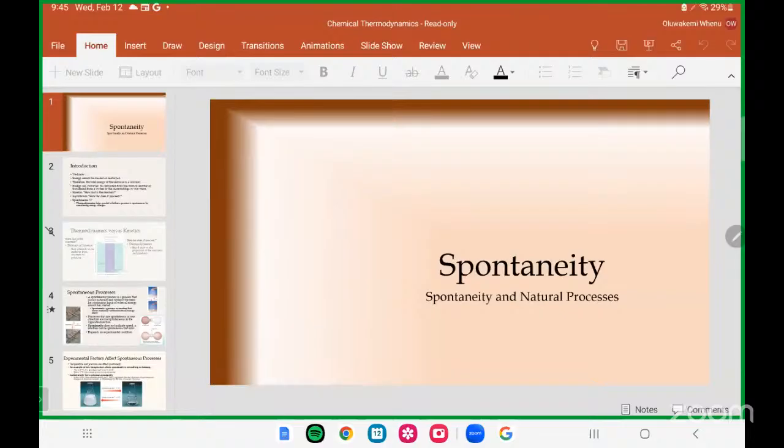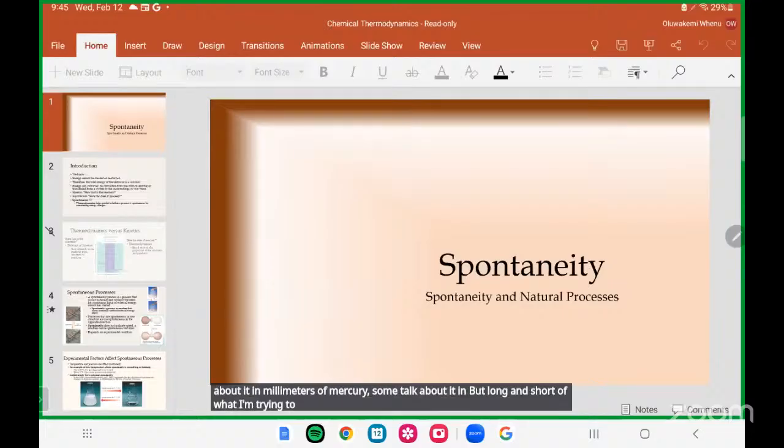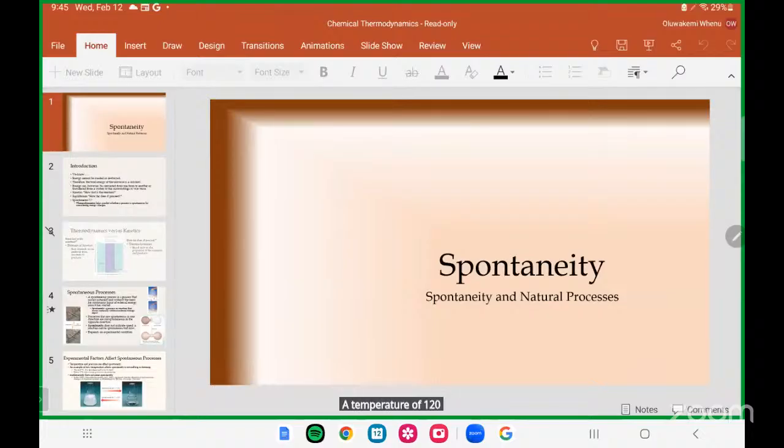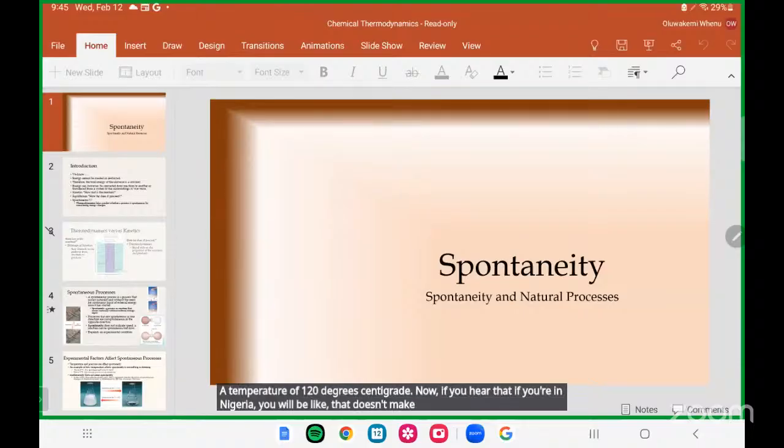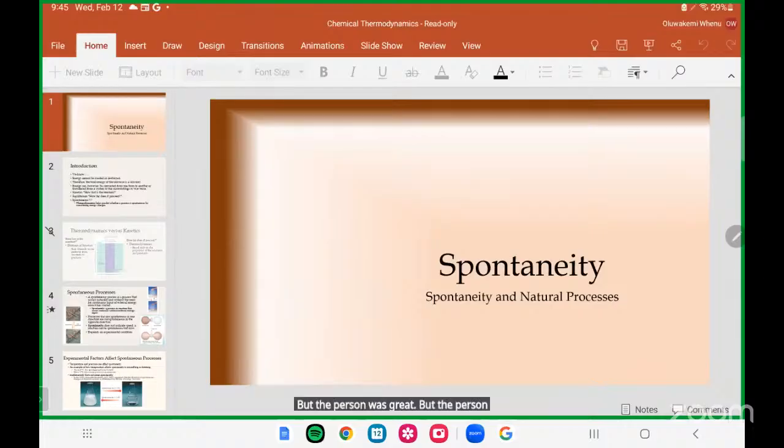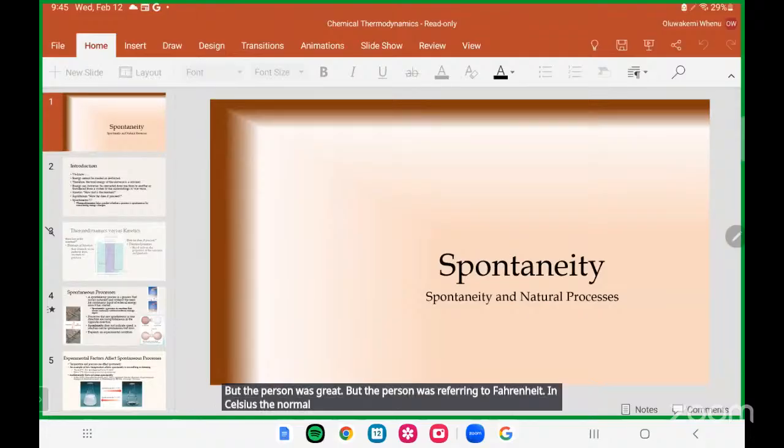Somebody was trying to tell us a story of how a daughter survived a temperature of 120 degrees centigrade. If you hear that in Nigeria, you will say that doesn't make any sense, right? But the person was referring to Fahrenheit. In Celsius, the normal body temperature is about 36. If you convert that to Fahrenheit, that gives you about 98 Fahrenheit.